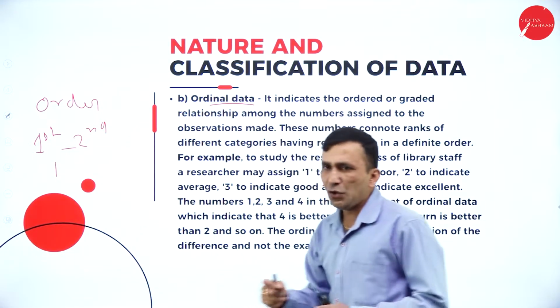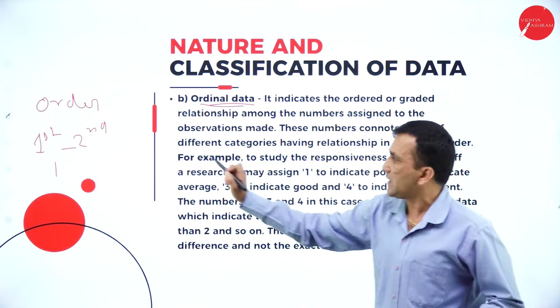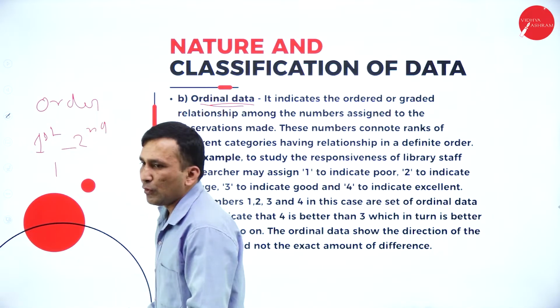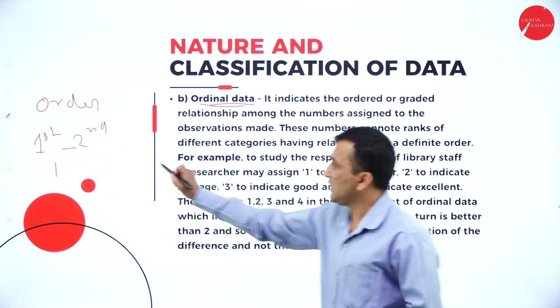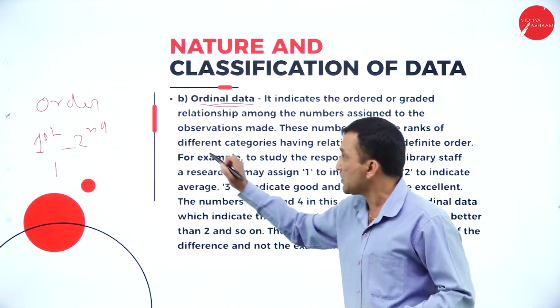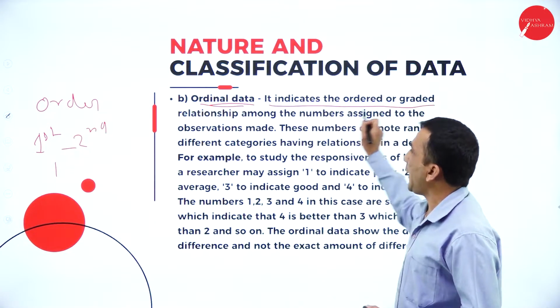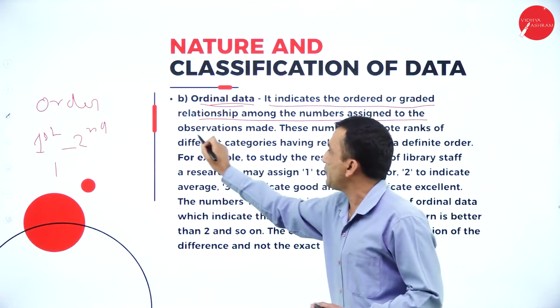Using ordinal data we can assign first, second, third order, like this ranking. It indicates the ordered or graded relationship among the numbers assigned to the observations made.